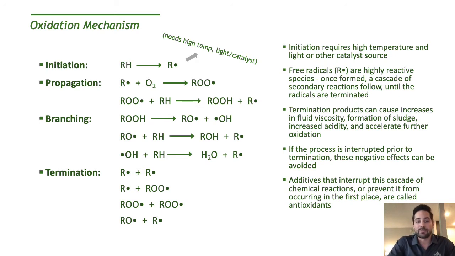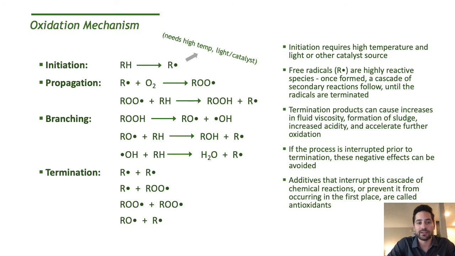Now, termination products can cause increases in fluid viscosity, formation of sludge, increases in acidity, and further accelerate future oxidation. The components that are formed in termination, for example acids, can be cause for further catalysis of oxidation itself.